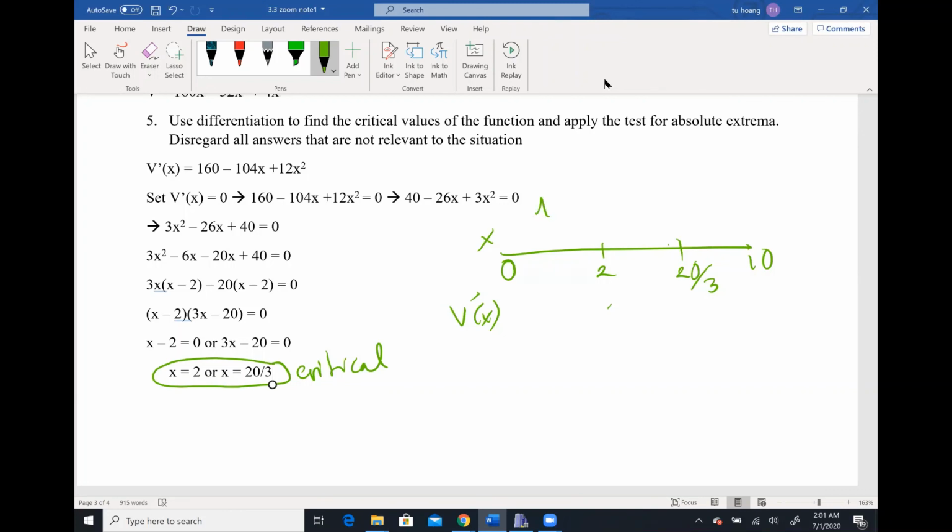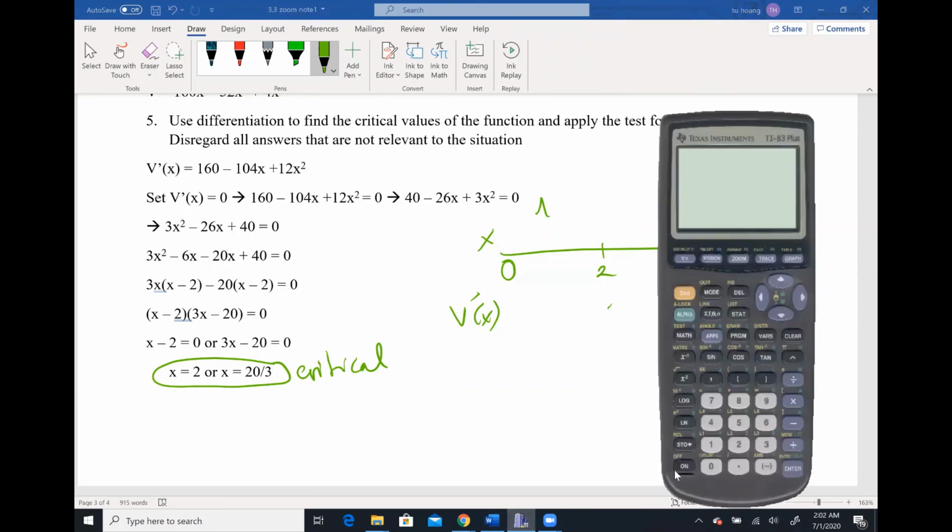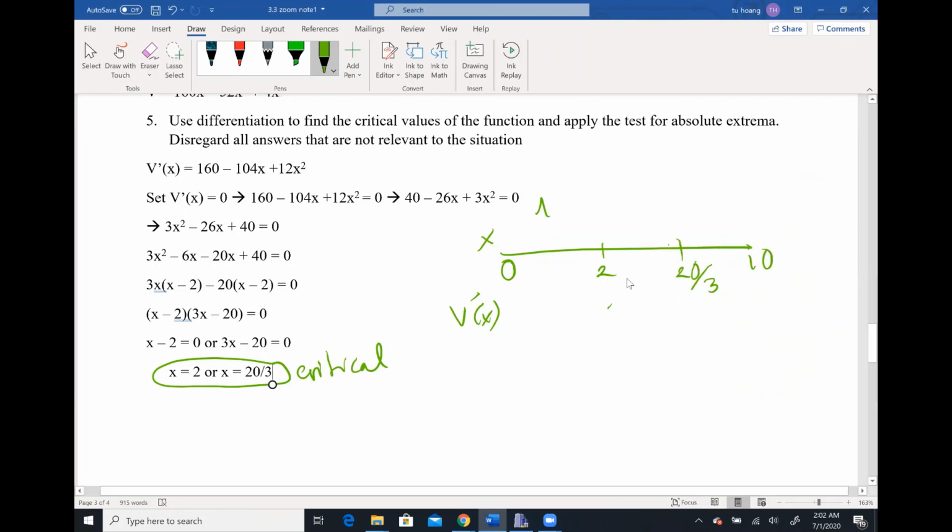From 2 to 20/3, say 20 divided by 3 equals 6.6, so I choose 5 here. And from 20/3 to 10, I choose, say, 7.